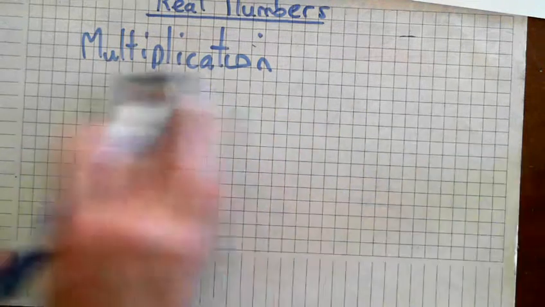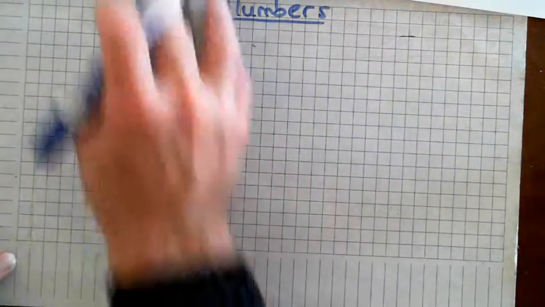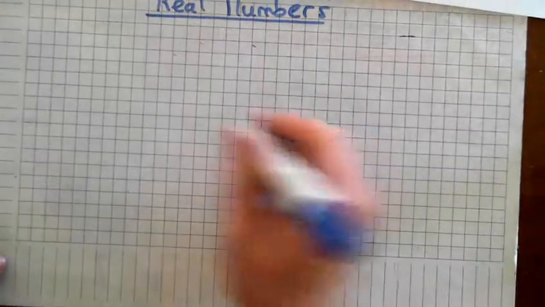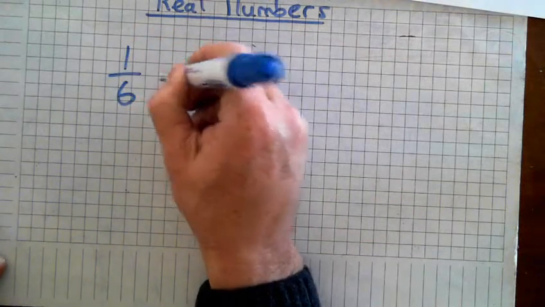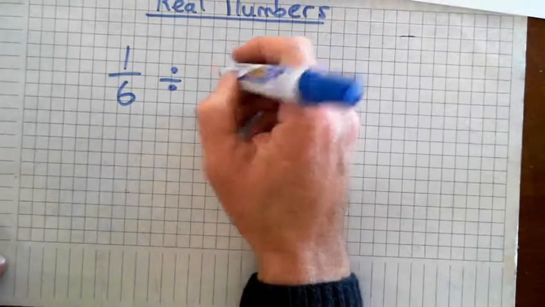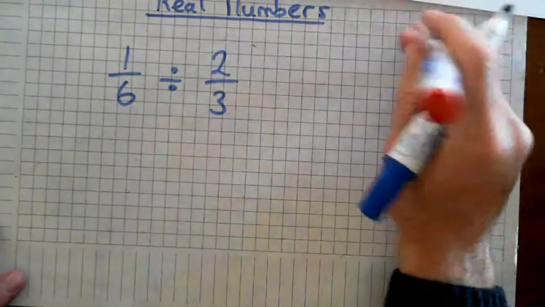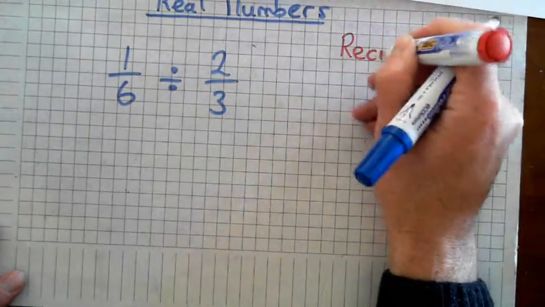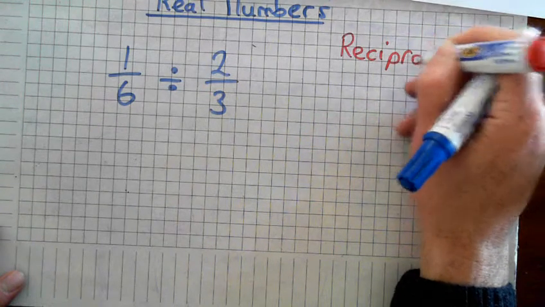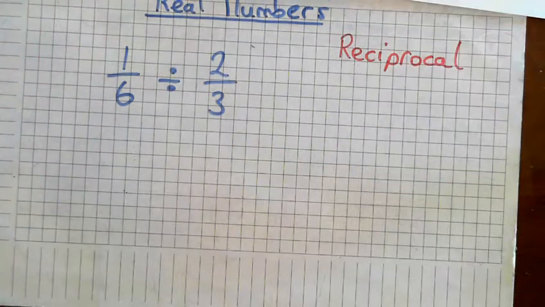Alright, now that word reciprocal, you're going to hear it a lot now. 1 over 6 divided by 2 over 3. What was reciprocal? What did it mean? It means turning the fraction upside down.